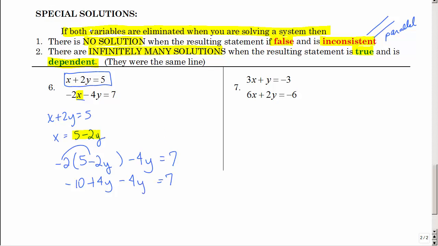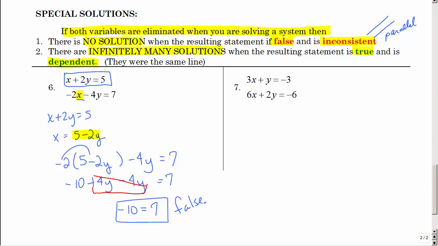And look at what happens when I start collecting like terms. That is 0. What I have left is negative 10 equals 7. All my variables went away. They were eliminated. I'm not done. Is this true or is this false? Does negative 10 equal 7? No. That's false.